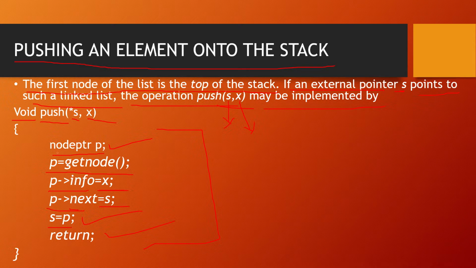I'm again repeating. First we take a variable P of node ptr type, then we call the getNode function.